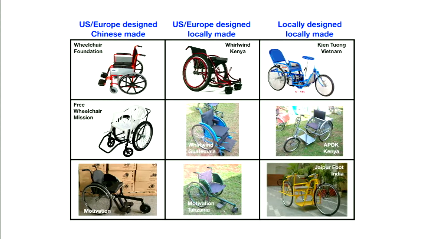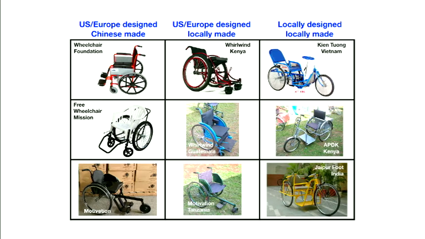The first column is wheelchairs that were designed by Western engineers in the US or Europe and that are mass manufactured in China and shipped all over the world. There's products that were designed by Western engineers and locally made in local workshops in country. And then there was products that were locally designed in developing and emerging markets and also locally made.